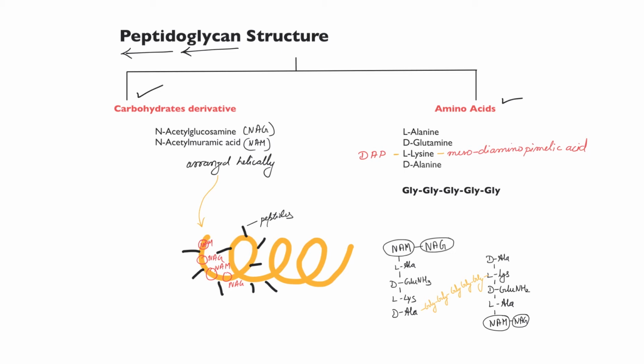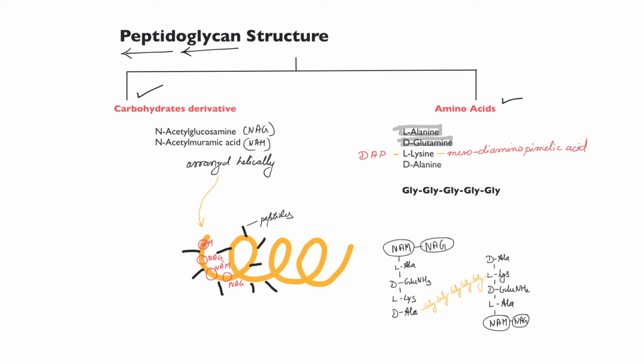The second component of the peptidoglycan structure is amino acids. Usually you can find short chains of 4 amino acids forming the peptide, and those are alanine and glutamine.